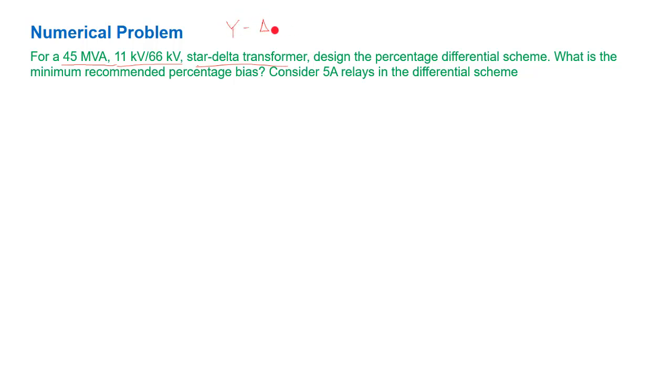For a star delta transformer we know that for the star side the relation between the line voltage and the phase voltage is VL = √3 VPH, and similarly for the delta side, VL equals VPH, that is, line voltage is equal to the phase voltage in case of the delta side, right.